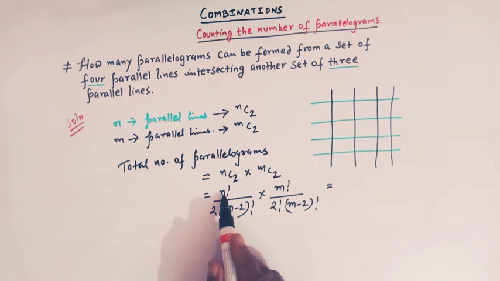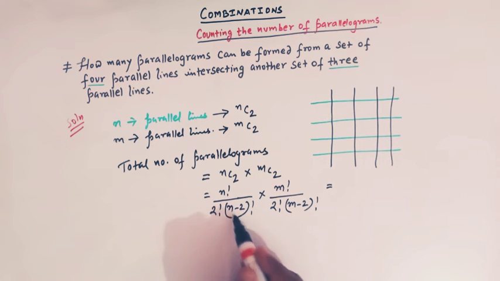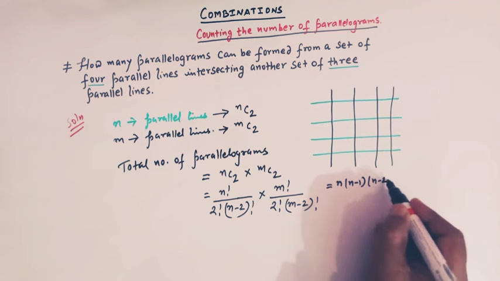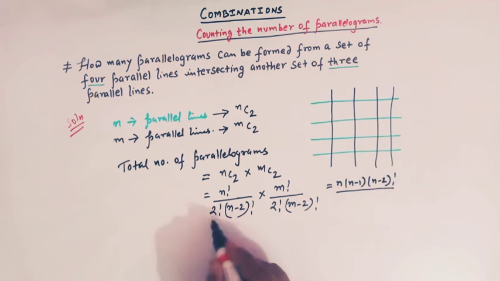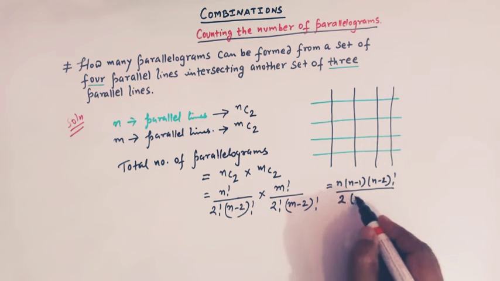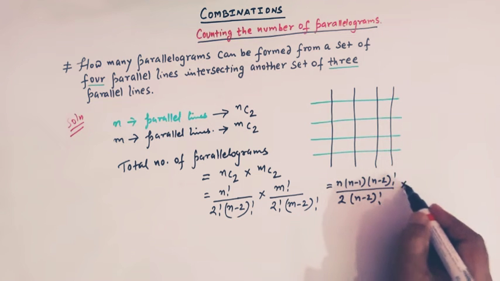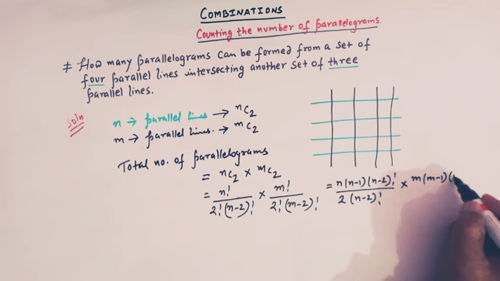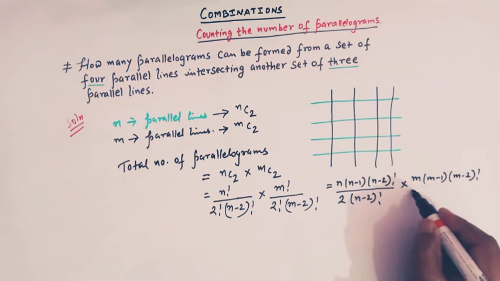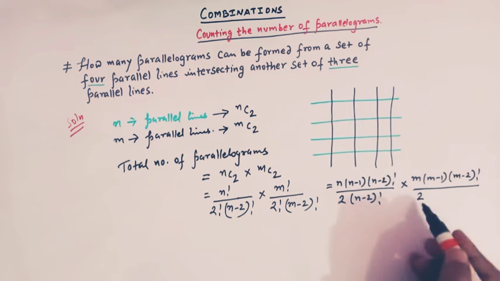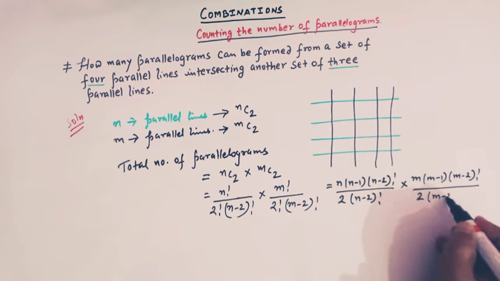Now we can simplify these 2 terms. We can write n minus 1 times n minus 2 factorial. Then we have here 2 factorial is simply 2, and this is n minus 2 factorial, and here we have m minus 1 times m minus 2 factorial, and here 2 factorial is simply 2, and here we have m minus 2 factorial, right?